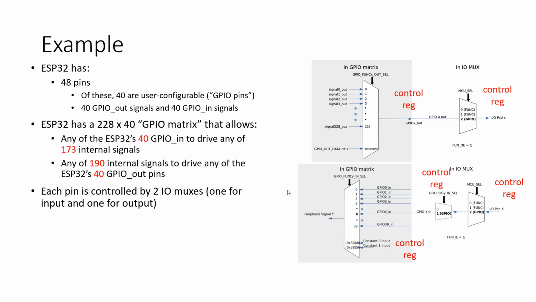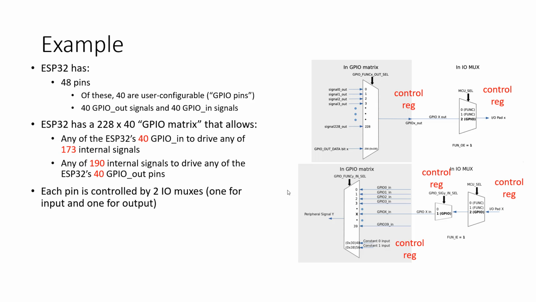So the ESP32 has a fairly complex infrastructure related to its pins. The ESP32 has 48 total pins on it. 8 of those you can't touch. They're like power and ground and whatever. There's 40 of the 48 that are user programmable.